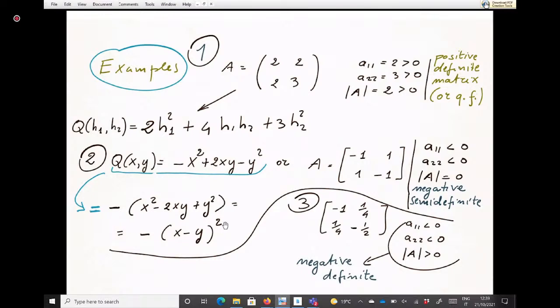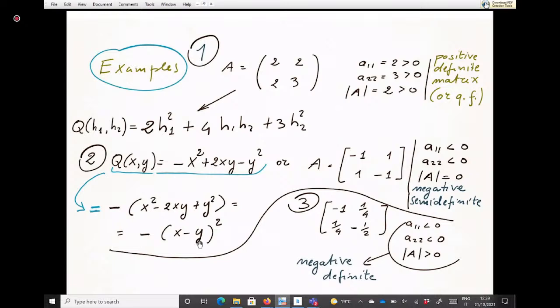But this means that, okay, (0, 0) is a point where this is 0, but any other point where x is equal to y is a point where our quadratic form will be 0. And this is basically the bisector of the first quadrant, okay? Along that particular line, we have a surface like this one, which is a parabola if you take any section, but along the bisector, it is 0.